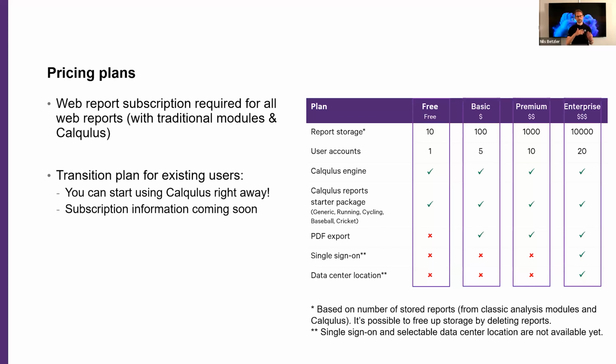You can delete reports to free up storage. So an easy option to give it a try. And then you can see it scales up with the different levels of plans. There are also a few additional features, but overall the plans are fairly similar, and it's mainly the storage that differs.